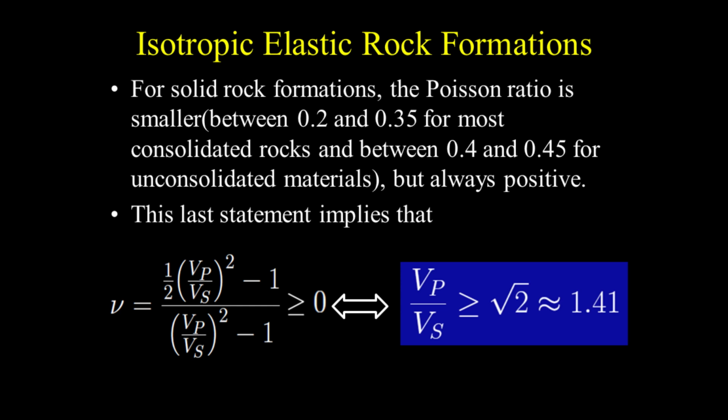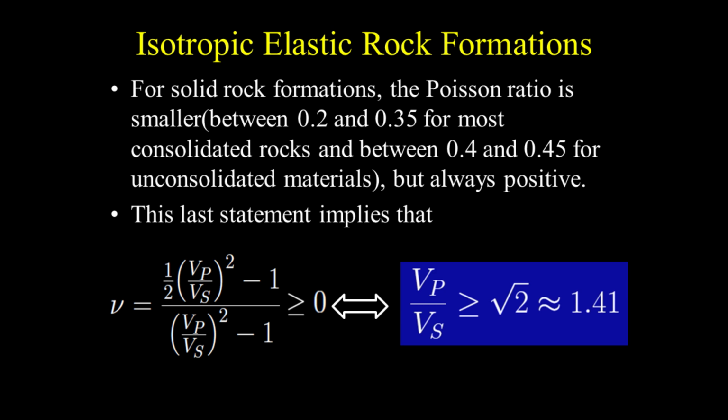For solid rock formations, the Poisson ratio is smaller, between 0.2 and 0.35 for most consolidated rocks, and between 0.4 and 0.45 for unconsolidated materials, but always positive.